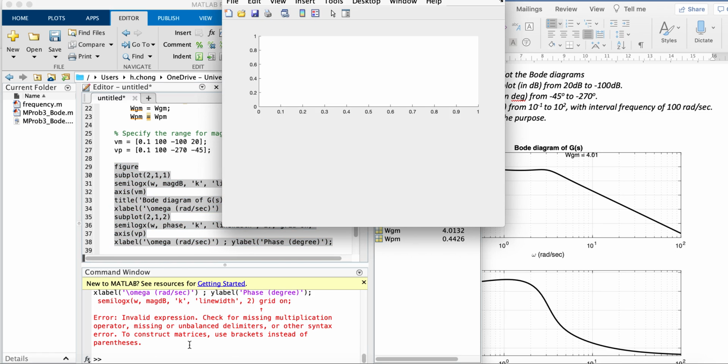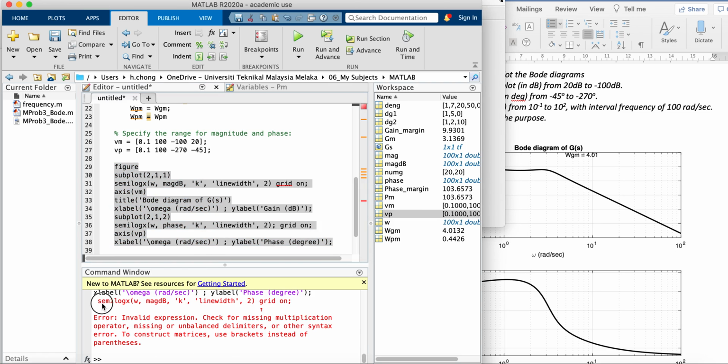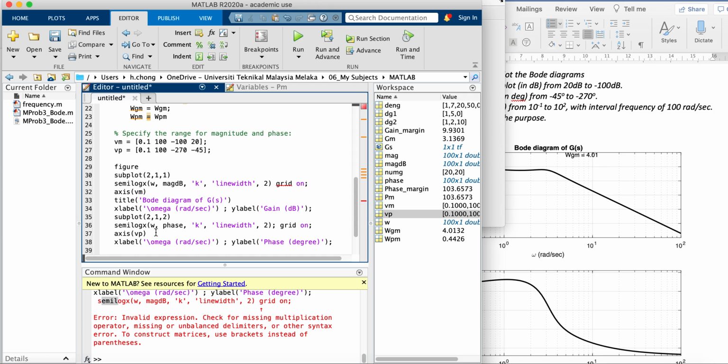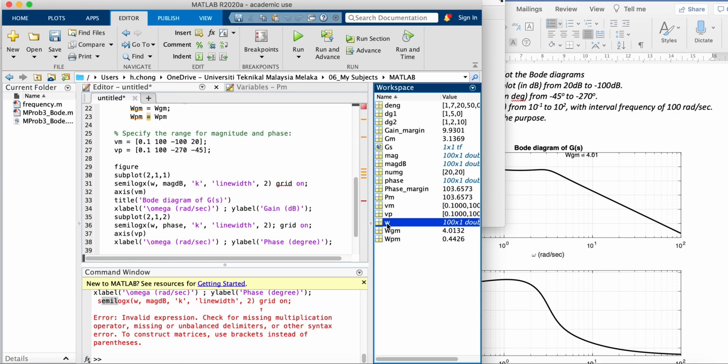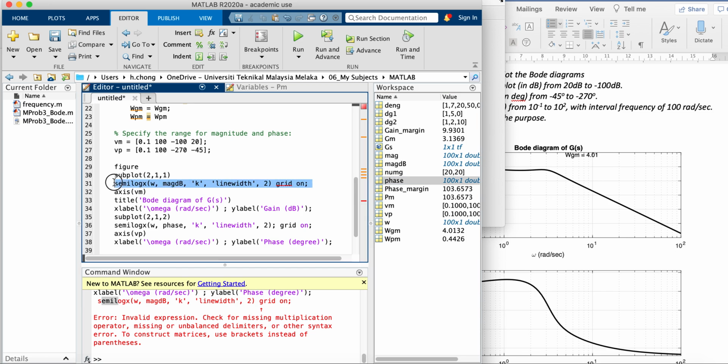We have a problem here. Semilogx and line with grid on: error, invalid expression, check for missing multiplication operator, unbalanced. So we go back to this one: semilogx, omega, and phase. We see now our omega is 100 and our phase is 100 as well. Let's see what happened here.